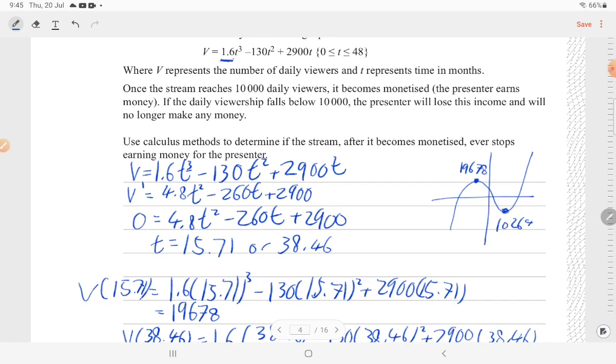So once the stream reaches 10,000 daily viewers, it becomes monetized. They'll reach 10,000 viewers somewhere around here, and then the viewership will increase, then decrease, then increase. This will be the lowest it goes, then we'll keep on increasing again.